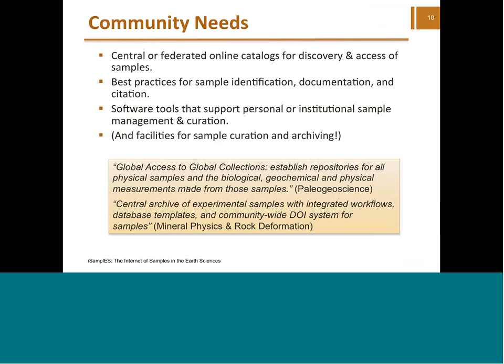There has to be a clear definition of how samples should be identified, documented, and cited in a consistent way. The community needs software tools that help both in the lab and in the field to capture sample metadata and manage them and curate them. And clearly, facilities are needed that actually preserve the samples and curate them in a way that they are accessible and can be disseminated.